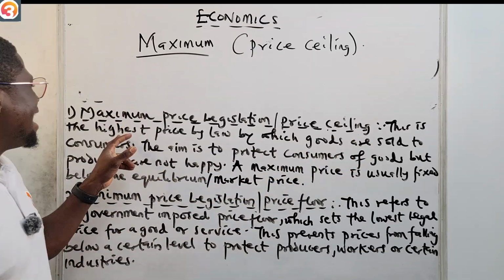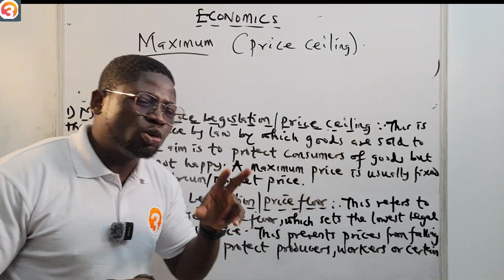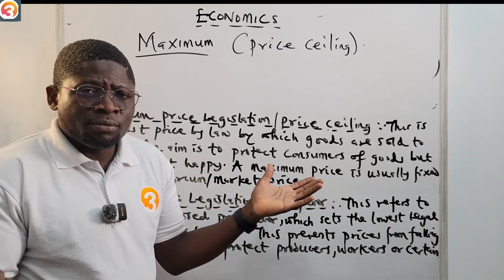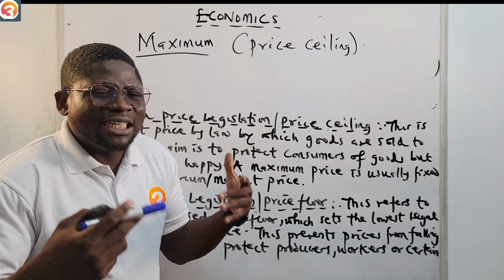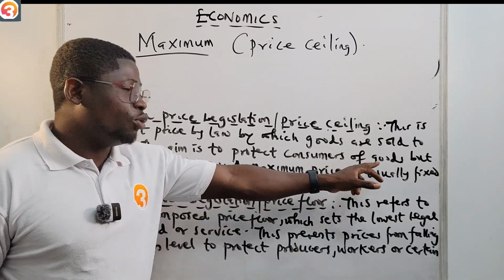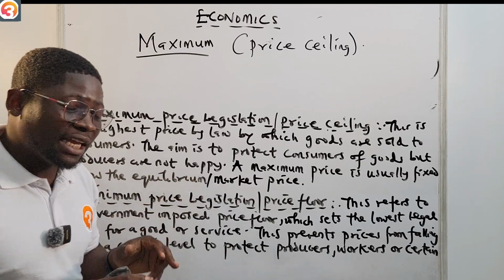This is the highest price by law at which goods are sold to consumers. Obviously, this is to protect the consumers. The aim is to protect consumers of goods, but producers are not happy. Will they be happy?